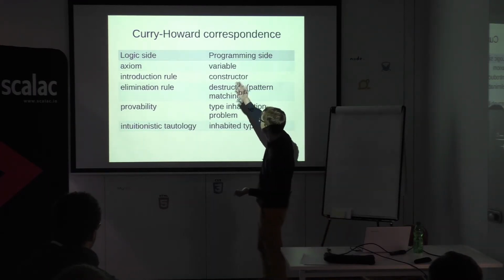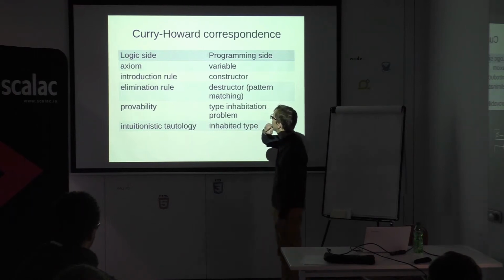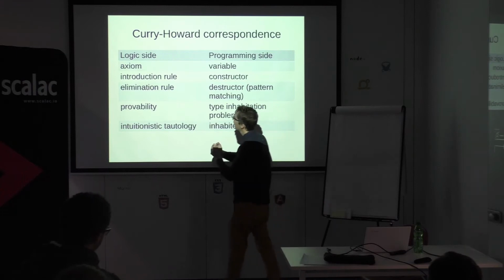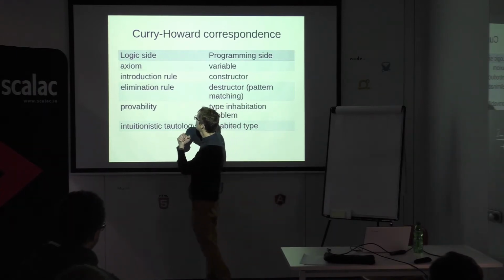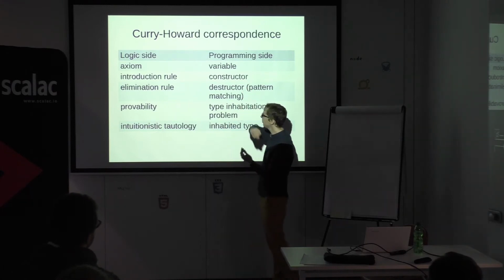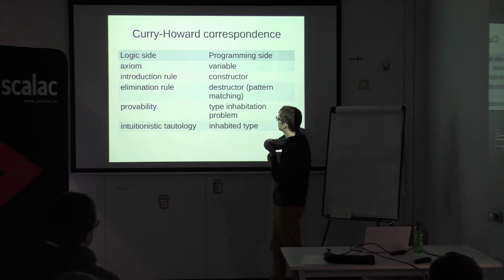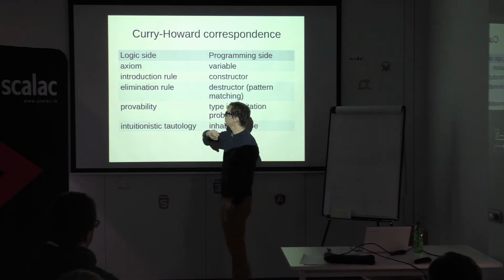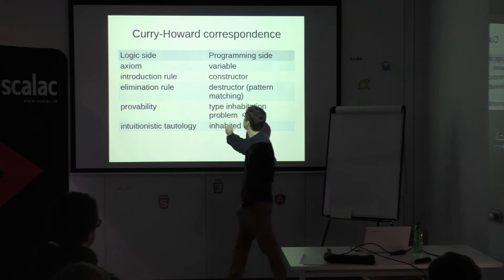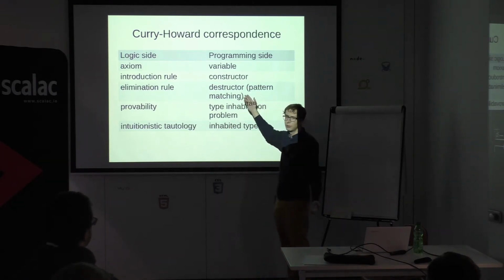And Howard was, I think, his student. So now look at the correspondence. In a way, axiom somehow corresponds to a variable. What is an introduction rule in logic is a constructor. What is an elimination rule is a destructor, or normally we call it pattern matching.